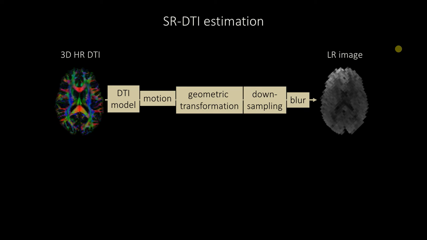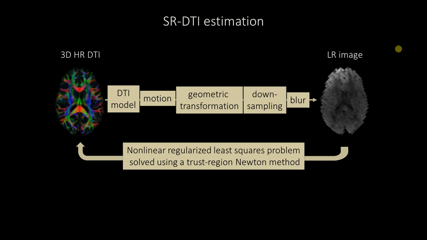And then at the end we also have a certain blur, because we truncate our K-space and also our slice selection is not perfect. This results in a set of nonlinear equations, so it becomes a nonlinear regularized least squares problem, which is then solved using a trust region Newton method. So it becomes an iterative process where the high-resolution diffusion parameters are estimated out of our low-resolution images.